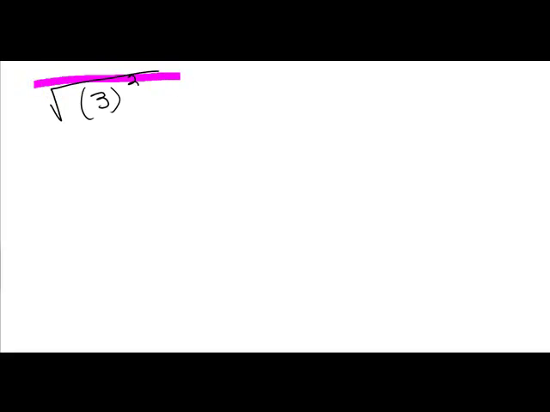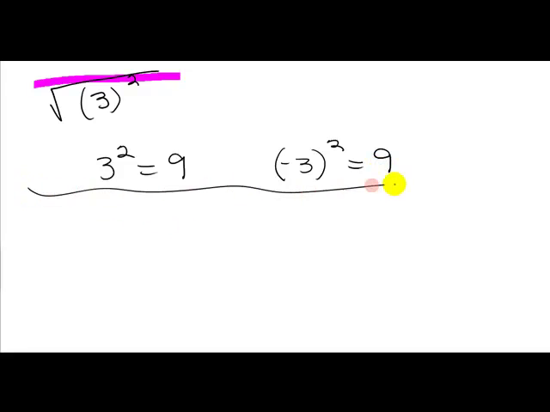And so that's really what we're looking at here. But you want to remember for the square root theorem that 3 squared equals 9, but so does -3 squared. It also equals 9. So when we're looking at the square root theorem, we have to keep in mind that we're going to have 2 answers.